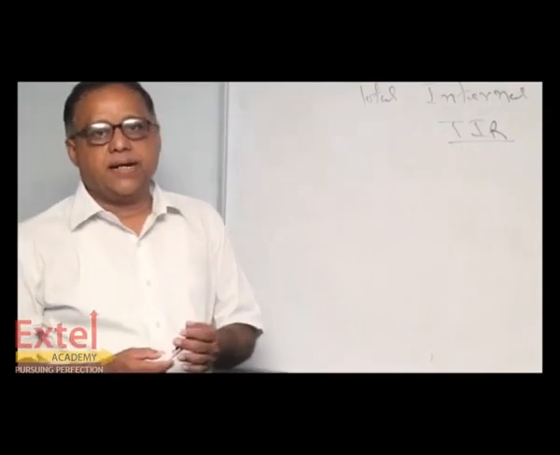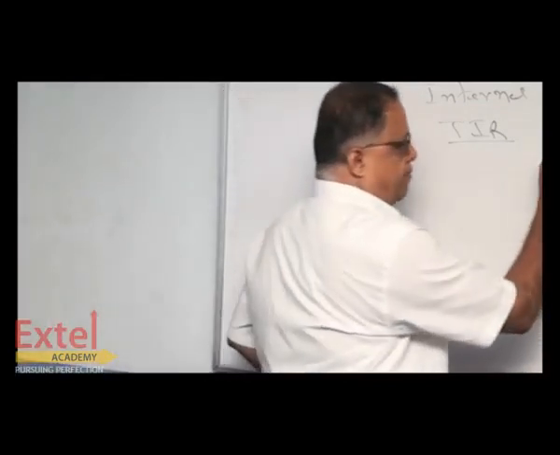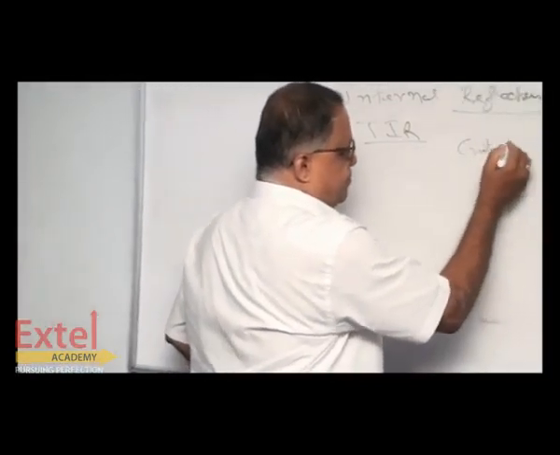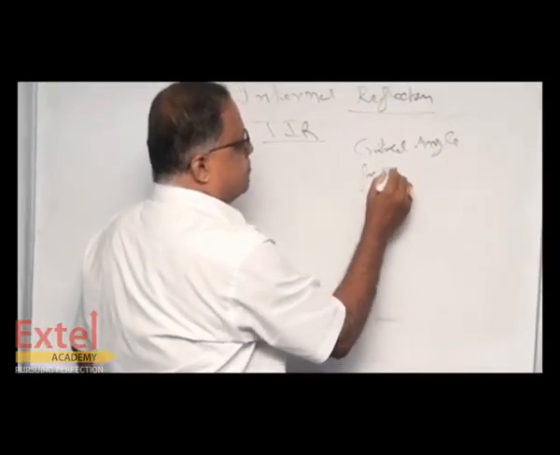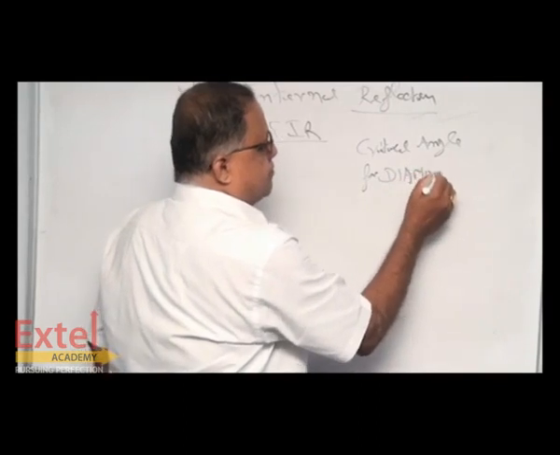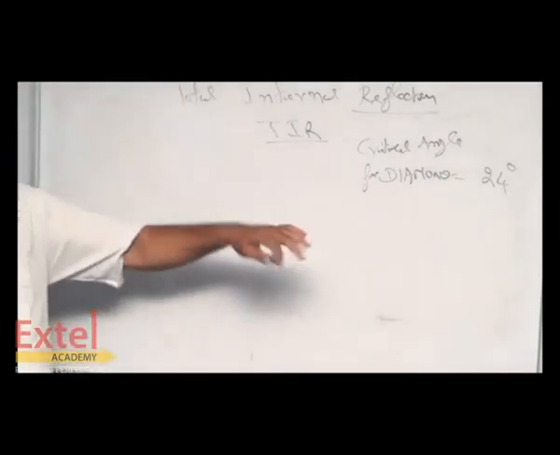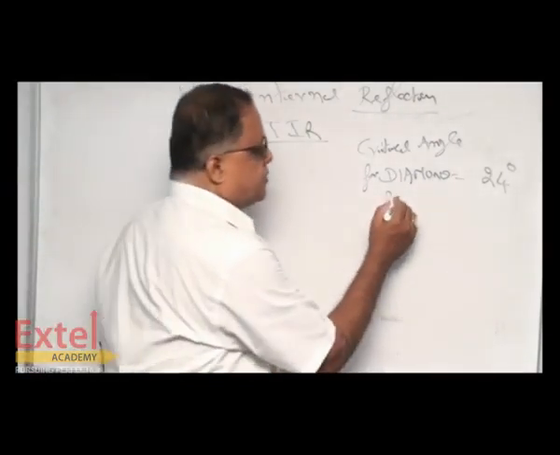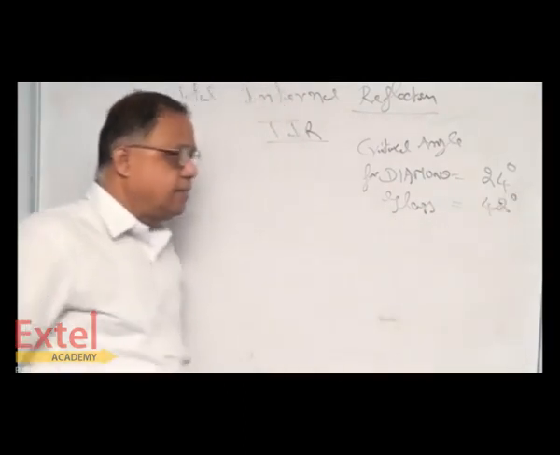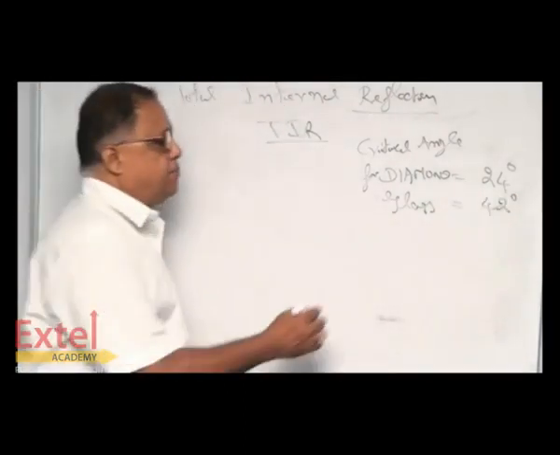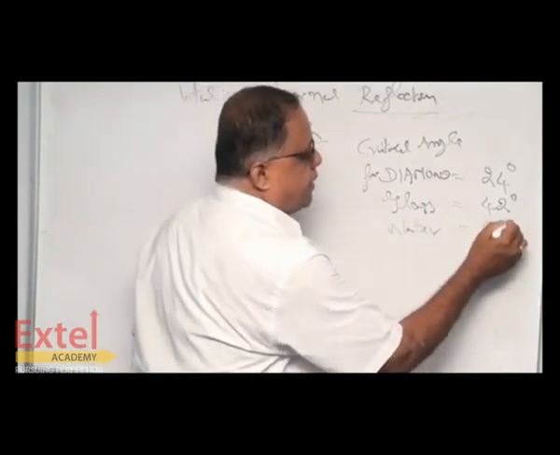When we talk about critical angle for three things in the world, number one, critical angle for diamond, that is nothing but 24 degree. Reverse the number and we get glass, that is 42 degree, and double the number you will get for water, that is 48 degree.